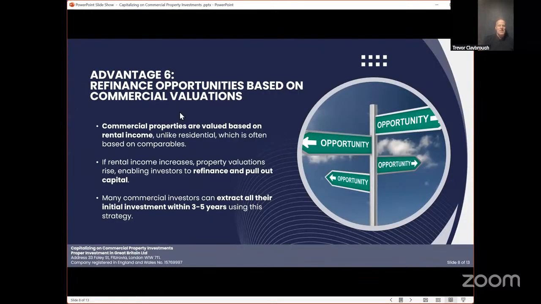Advantage number 6, refinance opportunities based on commercial valuations. Generally, if we're talking about residential property, so it can be a standard buy-to-let, even a block of flats, multi-block units, or a block of, for example, serviced apartments, it's almost always going to be valued based on bricks and mortar.